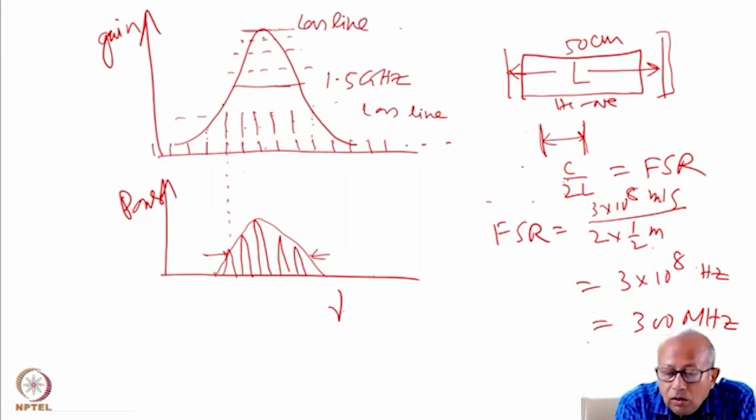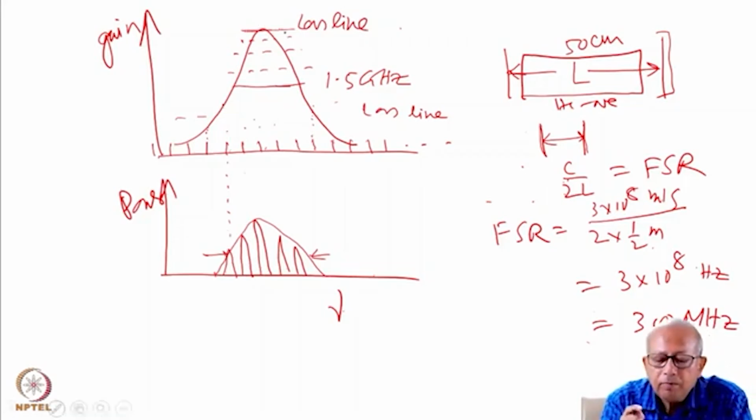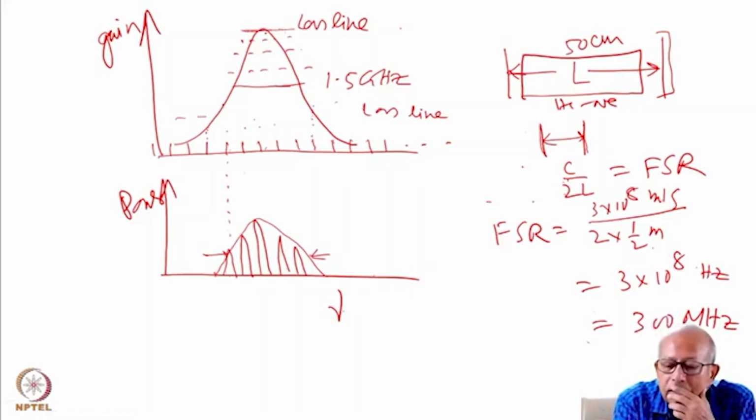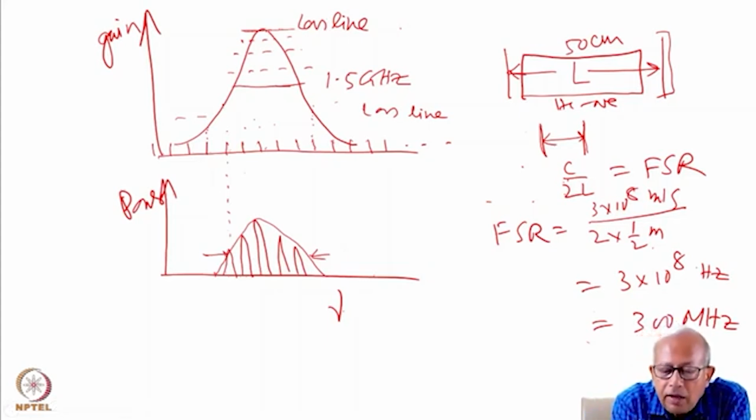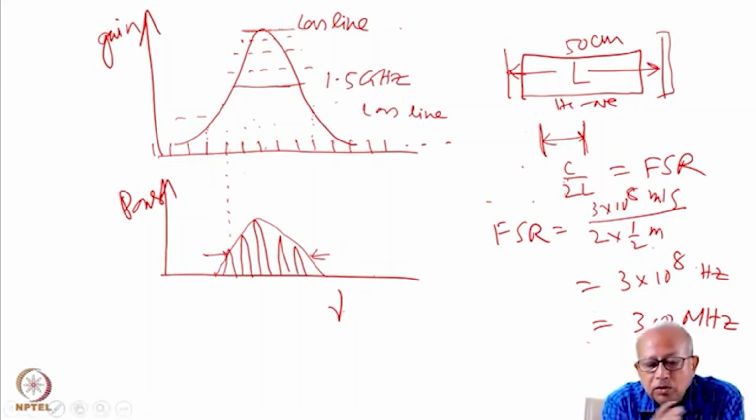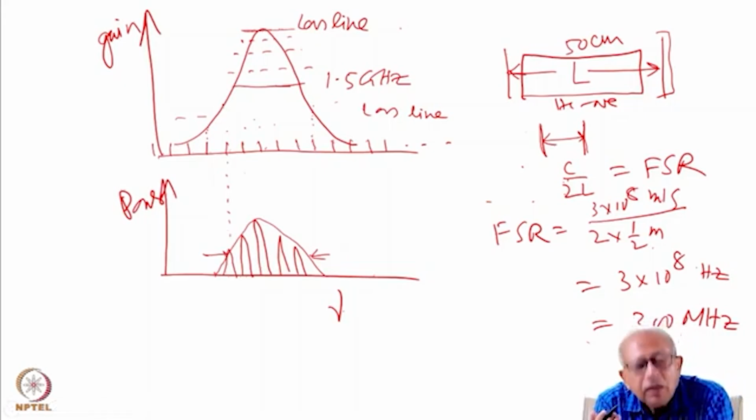If this is the loss line, you can see now this is the lasing window. The lasing window is the length of the intercept of the loss line with the gain curve. Only over that intercept can lasing occur, because outside that the gain will fall below the loss line.